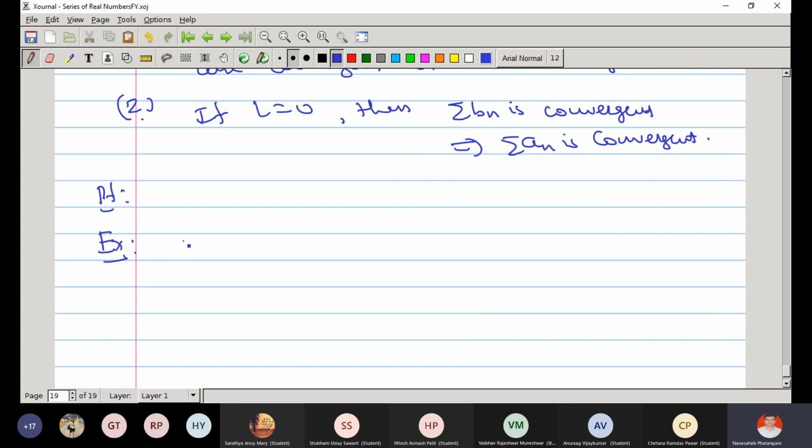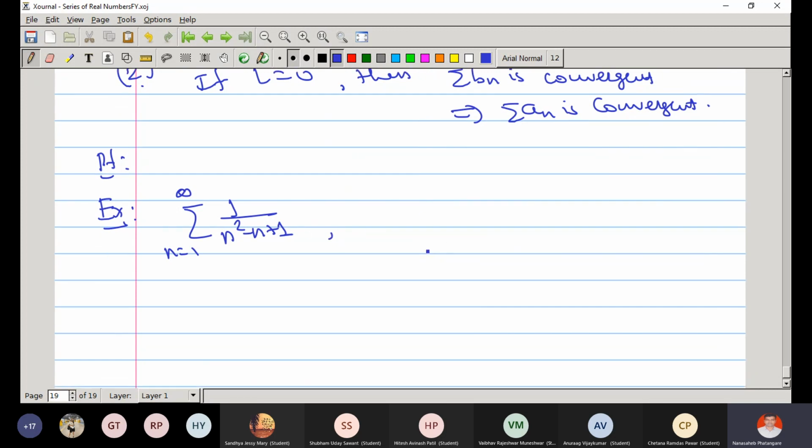So consider the previous example, 1 upon n square minus n plus 1. We observed by some previous calculation that this is convergent, but suppose we don't know any trick. So an is 1 upon n square minus n plus 1.